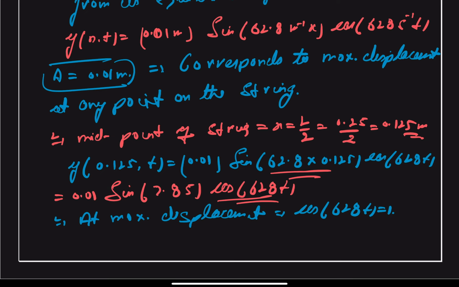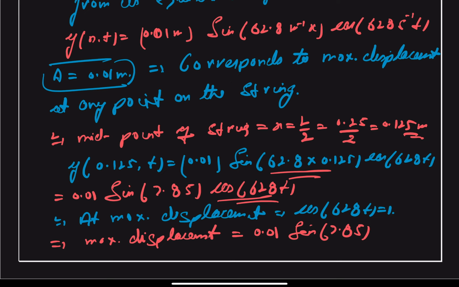And the displacement is given by the amplitude, so we can write that our maximum displacement now will be equal to 0.01 sine of 7.85, or for the sake of simplicity, let it be like this only.